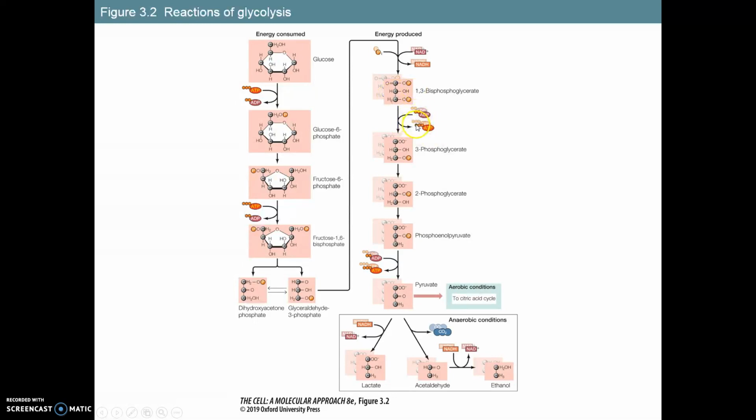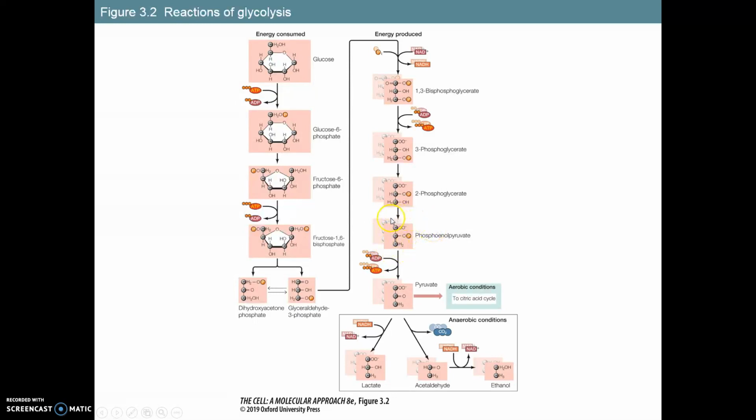Since this is happening twice, we've essentially recovered both of these ATP molecules. Next step down here, we're just going to do some rearrangement to make slightly different molecules. Again, just reshuffling, until we end up with this molecule here.